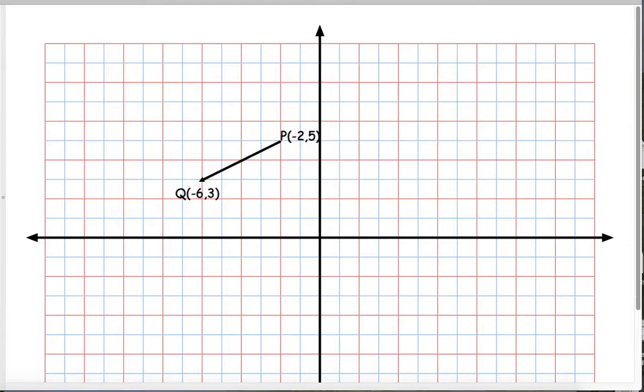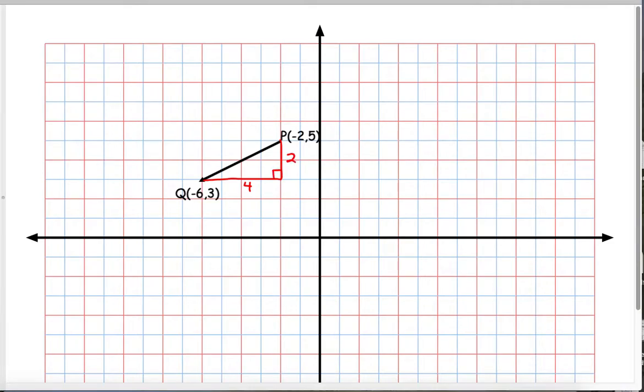We could use the distance formula, difference of the x's squared plus the difference of the y's squared, and then take the square root of that, which comes from the Pythagorean theorem, which is the change in x squared. So from negative 6 to negative 2, that was a distance of 4. And between 3 and 5, that was a length of 2.